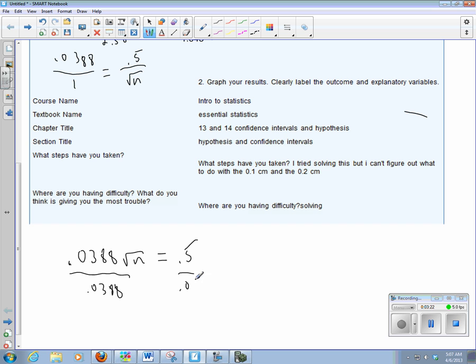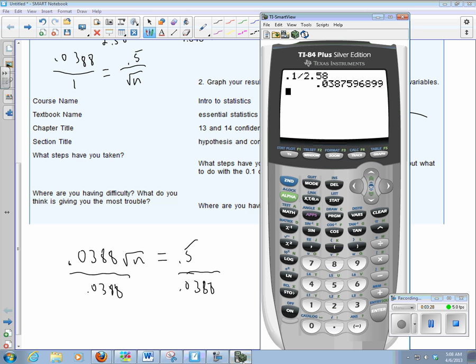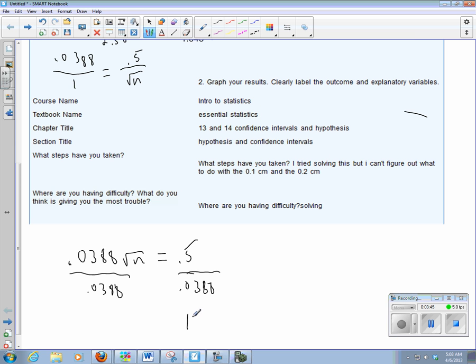Ideally, I would just leave these numbers on my calculator so I don't have to worry about the rounding. So I'm going to do 0.5 divided by that answer. So 12.9. And then to solve for n, I'll square both sides.